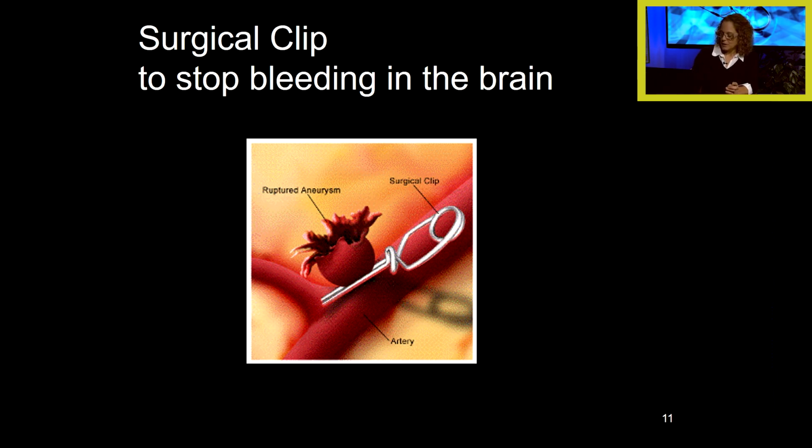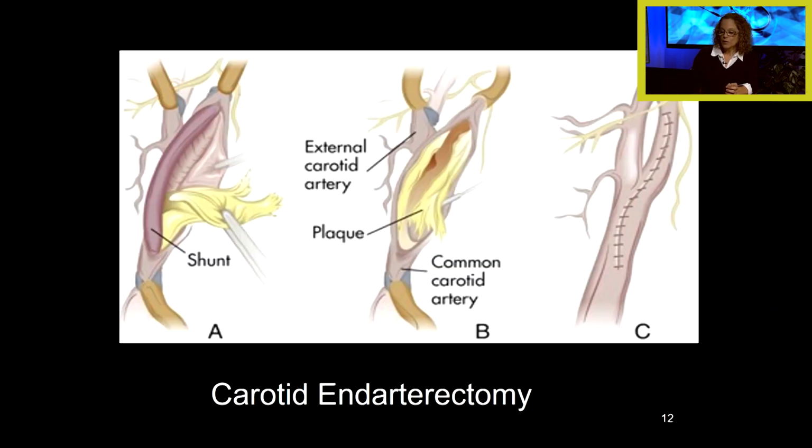The other thing we can do, if we know that we've got some carotid arteries full of plaque, is that the surgeon can do a surgery called a carotid endarterectomy, where they actually clean the plaque out of the carotid arteries. Hopefully we can then prevent a piece of plaque from breaking off and going up into the brain and causing a stroke.